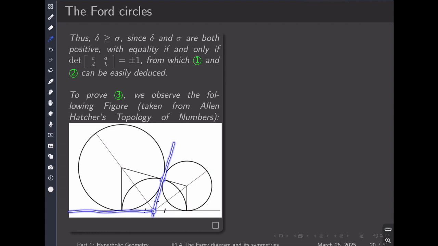Then of course we know that this distance is equal to this distance just by basic Euclidean geometry.